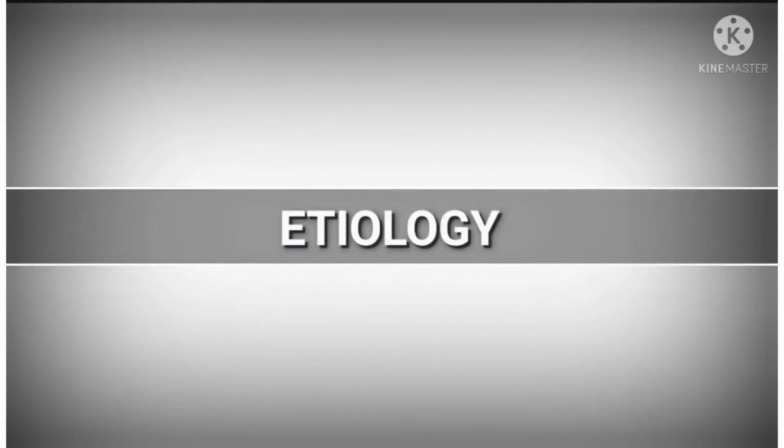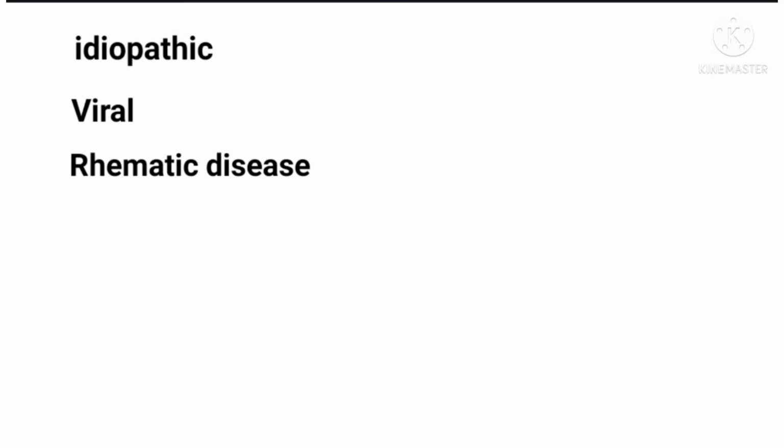Let's see the various etiologies of this pericarditis. Most commonly, the cause is idiopathic, but sometimes it may be due to viral etiology, then rheumatic etiology. A condition of the heart called Dressler syndrome may also cause this acute pericarditis.